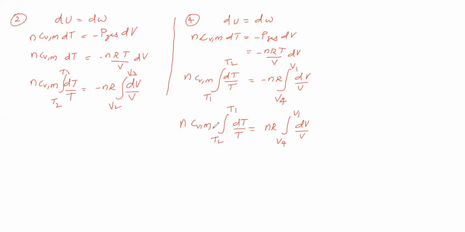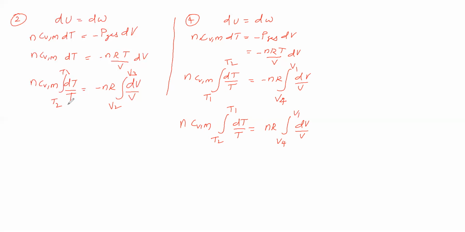So what have I changed? I have changed the position of the limits. T1 I have taken up, T2 I have taken down, while this negative sign becomes a positive sign. That minus cancels, therefore like this. Now you see, the left side remains the same.